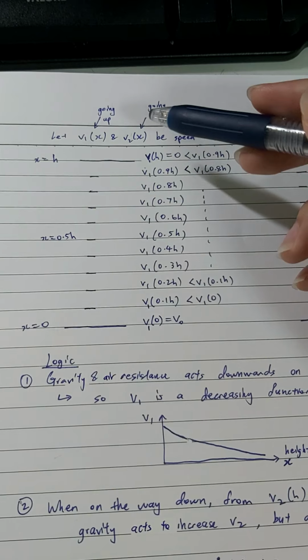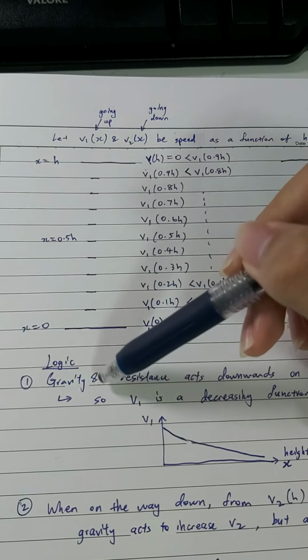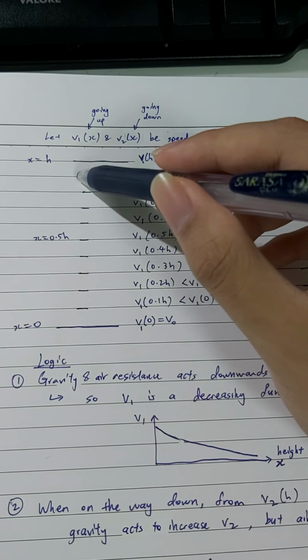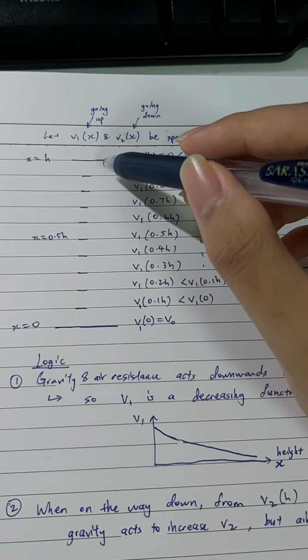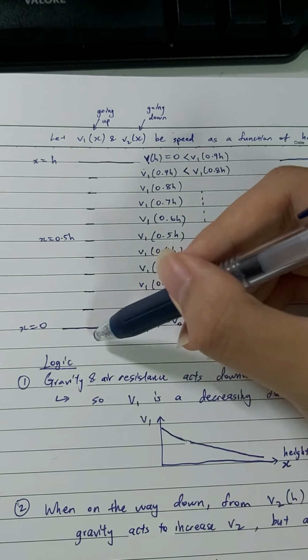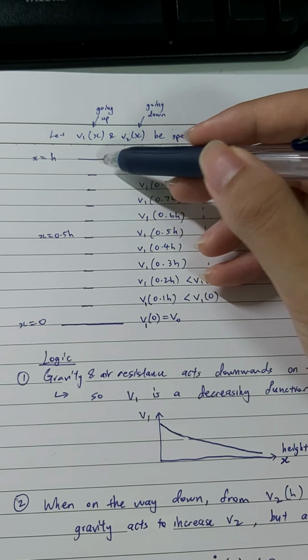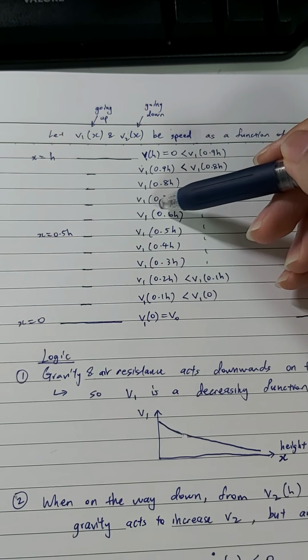Basically I'm splitting the entire journey into many small distances, and to calculate the time the ball takes to traverse each small distance, I take the small distance divided by the velocity at that point.